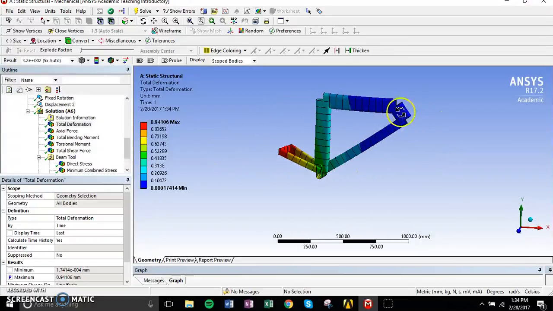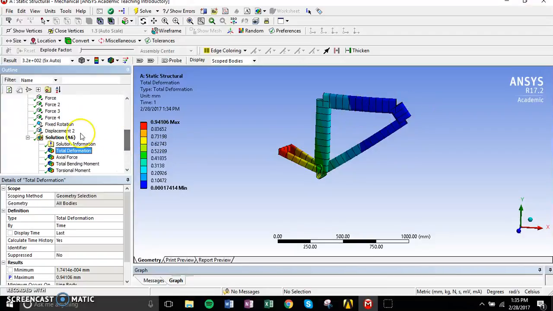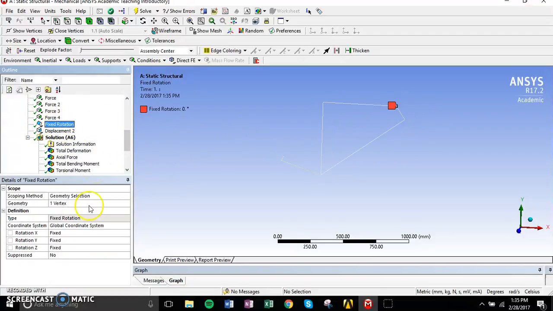So the way I've done it here is I've said that the handlebars, so old mate pulling up and down on the right and left sides of the handlebars, react moments, but that only necessarily applies to the X direction. So what if I choose my fixed rotation and I only fix it in the X direction and I make these two free, well then what happens to the other two moments, right?